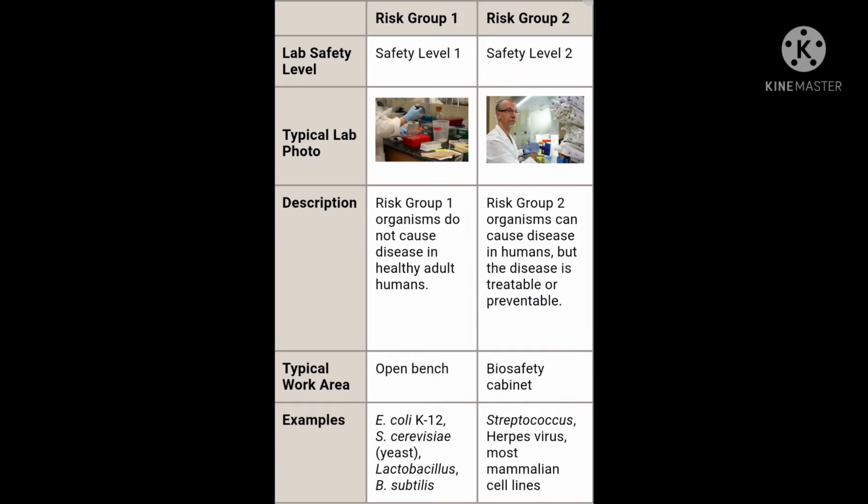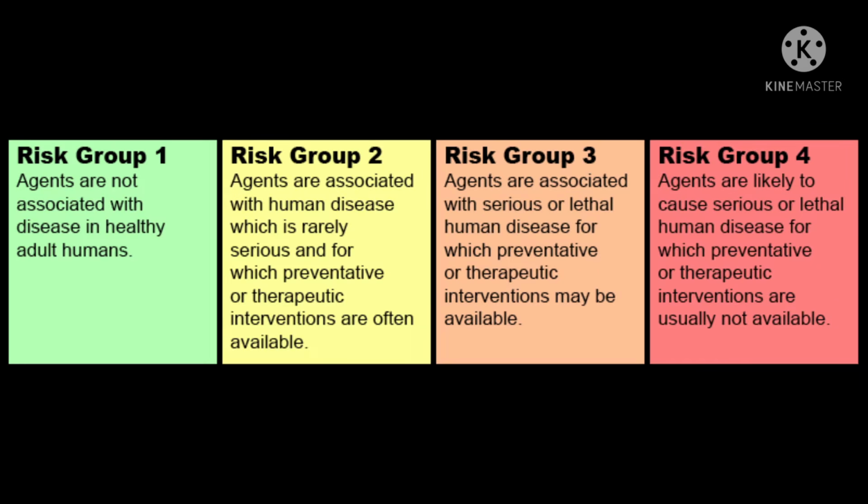An example of a risk group 2 microorganism is Streptococcus, the bacteria responsible for the strep throat. This bacteria, if left untreated, can cause very deleterious effects to the body. It can affect the heart or the kidneys.